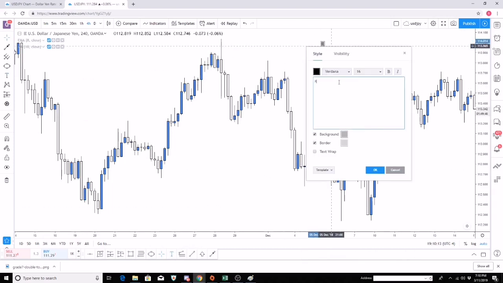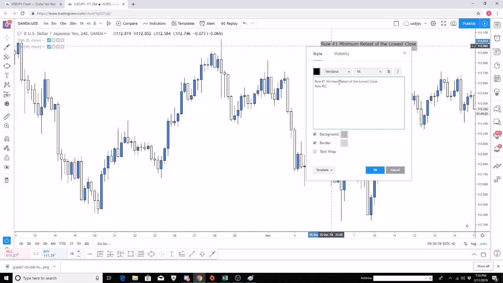Rule number 1, we need to see a minimum retest of the lowest close. This is for a double bottom, by the way.